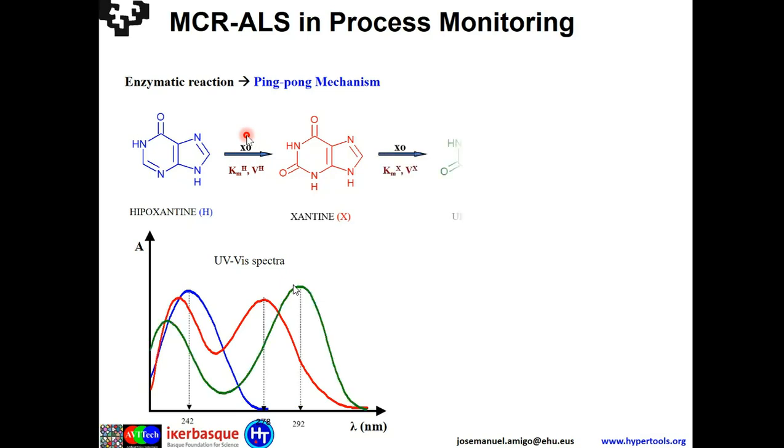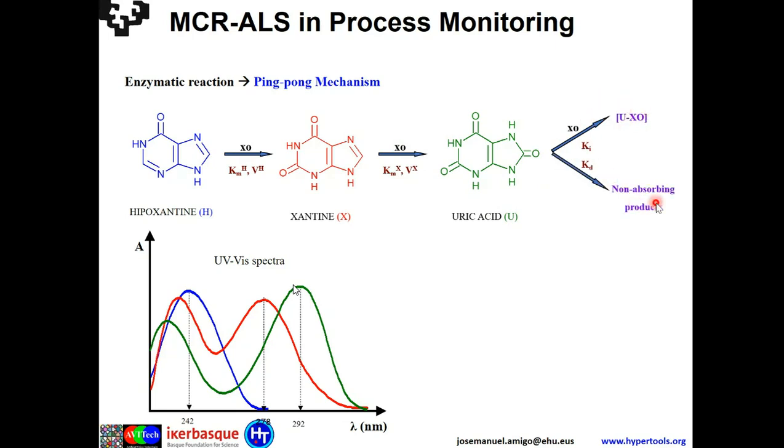Okay, and the xanthine, with excess of the same enzyme, is metabolized to uric acid, and in excess of this enzyme, this is metabolized to derivatives of uric acid together with non-absorbing products.